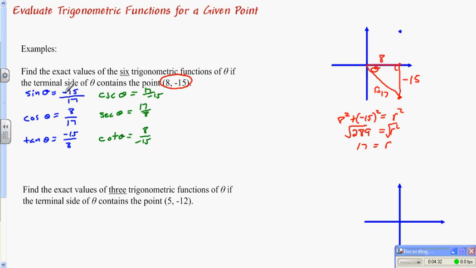Opposite over hypotenuse, the sine, this coordinate right here is 8, negative 15. I drew out a nice triangle, that's good, but even if I didn't, we'd know that 8 represents our adjacent side, our x side, and negative 15 represents our opposite side. The hypotenuse we had to calculate. Again, we're going to come back to this in a couple examples here.